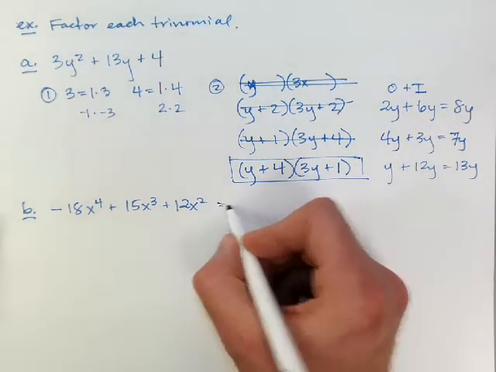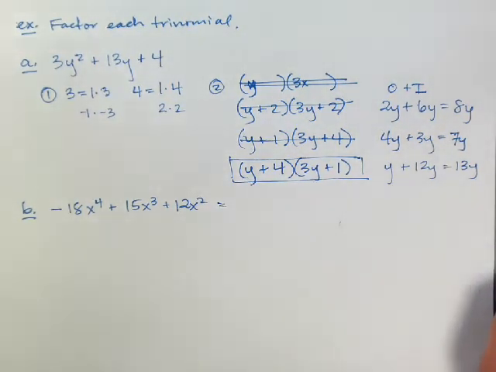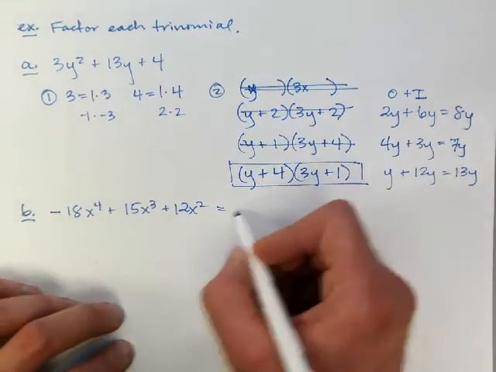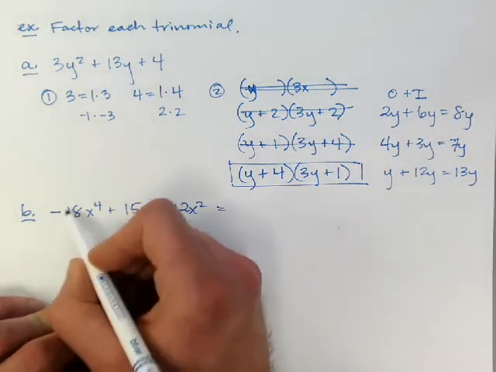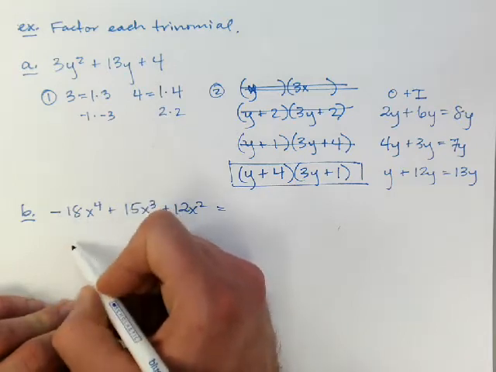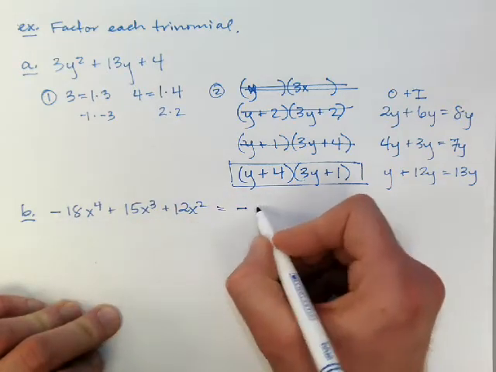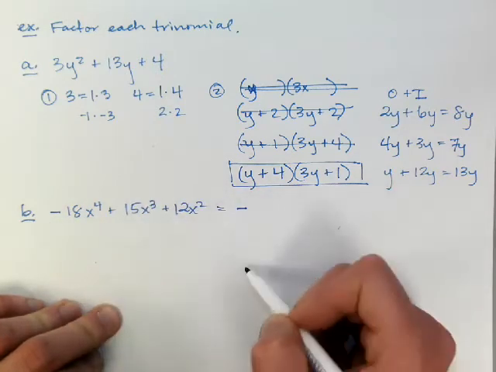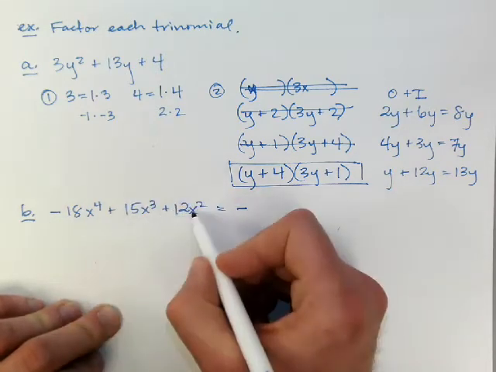So the first thing you should notice here is, do we have a GCF of all terms? And the answer would be yes. So I would say if you have a leading coefficient that's negative, take that negative sign out. So a -1 is going to come out of each term. That'll flip the signs of all the terms.